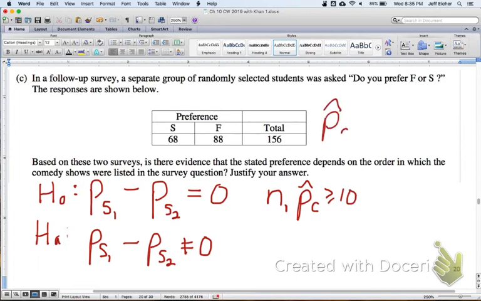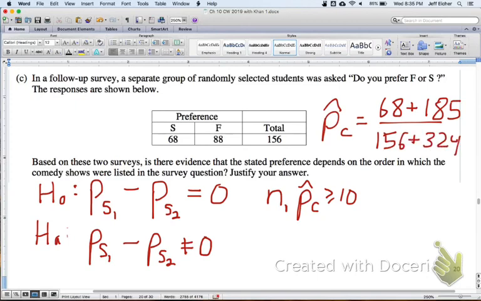Remember, p hat c is the combined proportion of successes, which we're defining as picking S. So that would be 68 plus 185 over 156 plus 324. So in the first group, 57% picked S. The next time when S wasn't first, it dropped to 44% picked S.